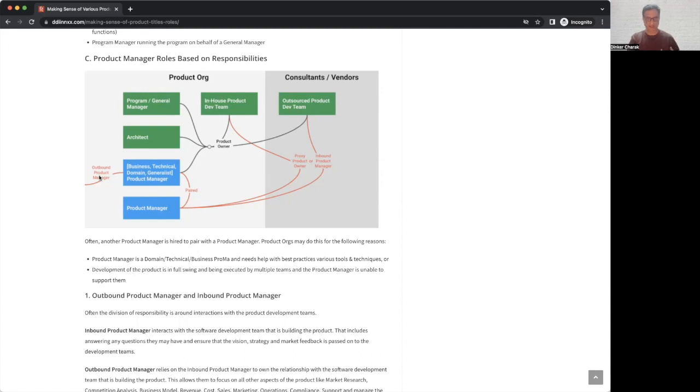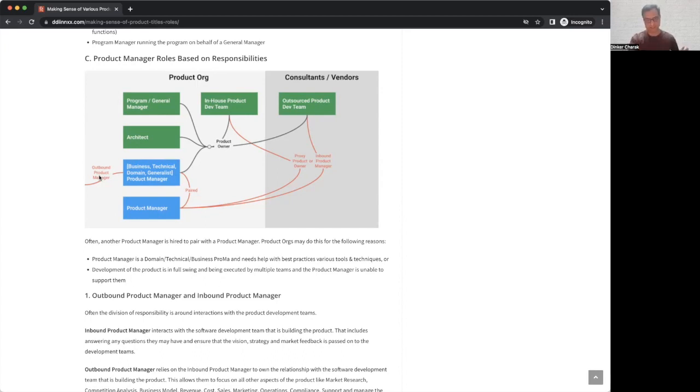That means they work with sales, marketing, and support. They go and do client demos, sitting in front of the client, gathering feedback about what they like and don't like about the product. They are outward looking, and that's where their area of attention is.